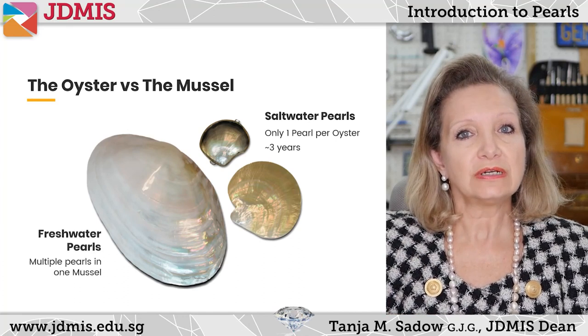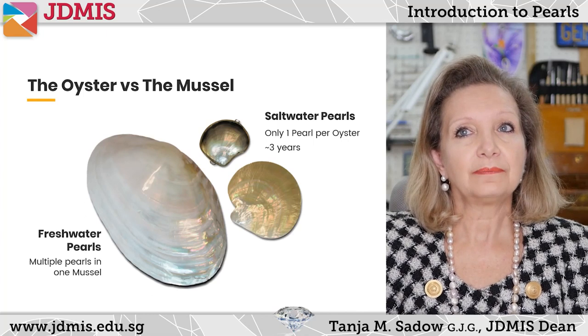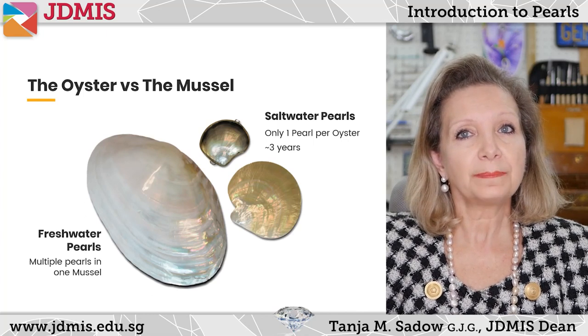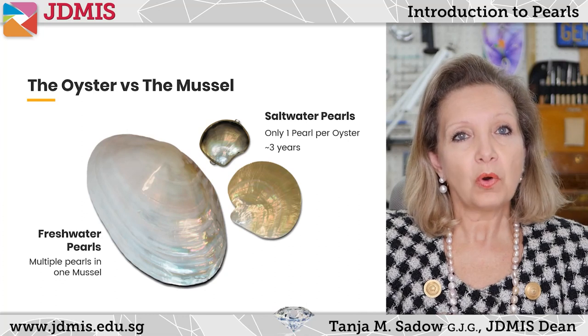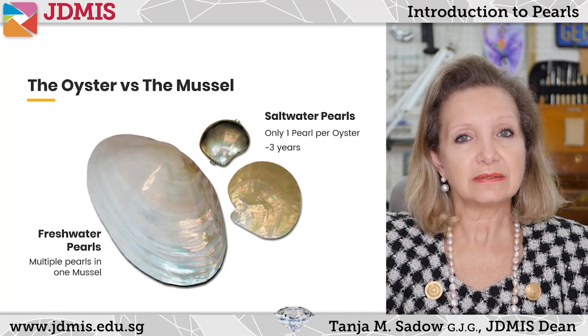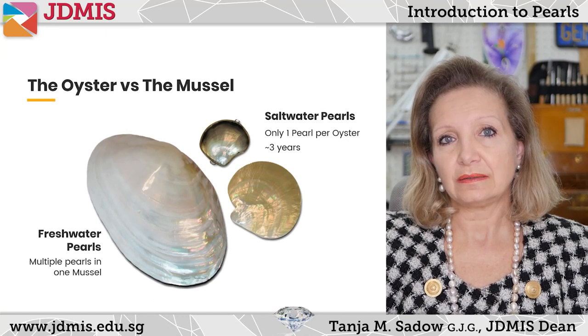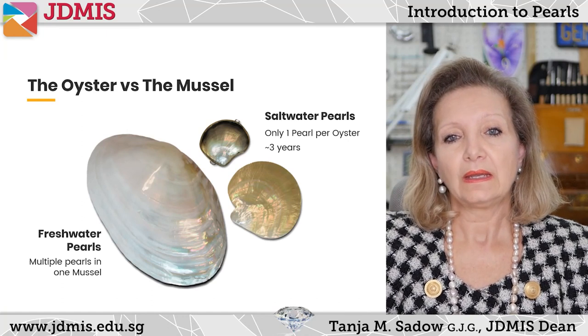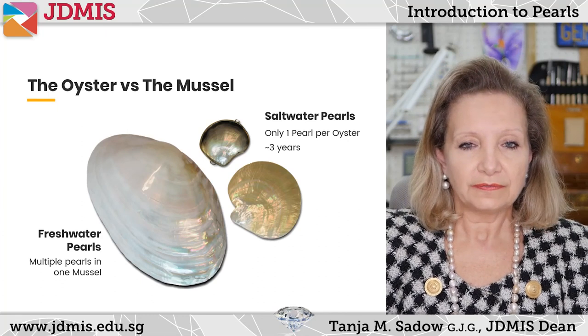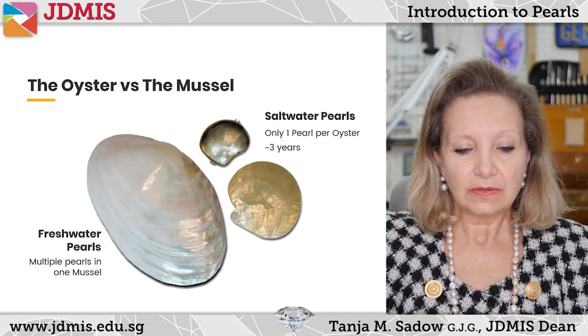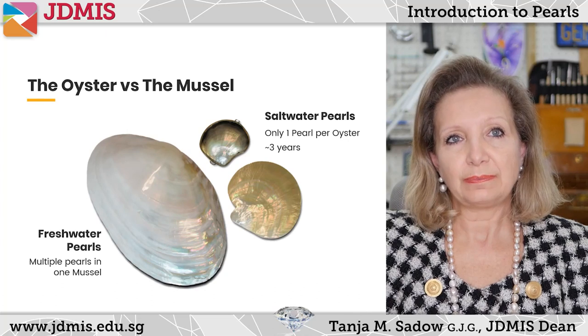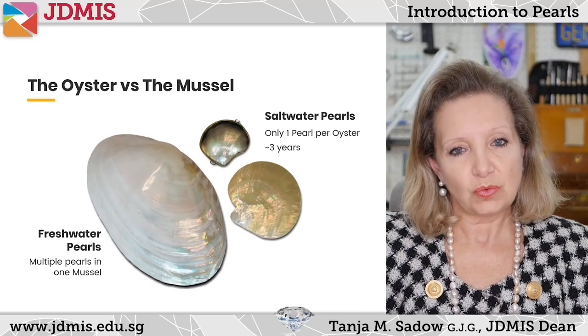Whereas for freshwater, you will find that the freshwater pearls are able to be more than 1 in a shell, in a mussel, and even up to, if they're very small, you can get 50 to 60 in 1 mussel. So that's a long cultivating period for the saltwater, lesser cultivation period for the freshwater.